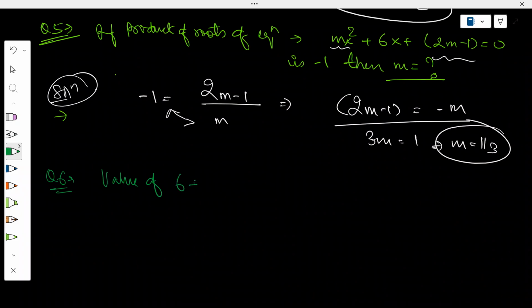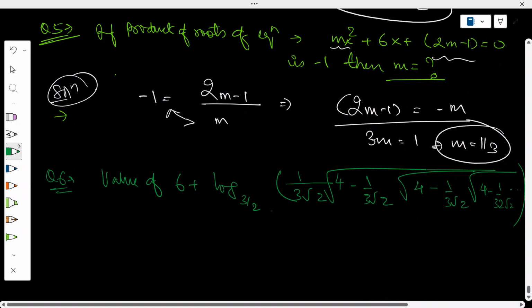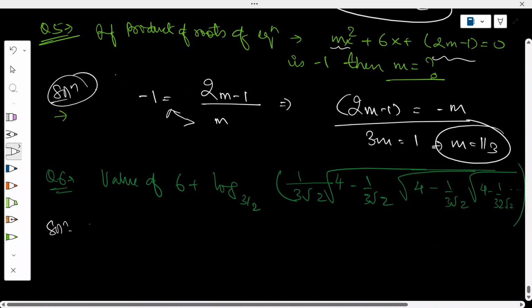So you have to find the value of 6 plus log base 3 over 2, and in here we have number 1 minus 3 root 2, and the pattern repeats itself, and so on. So basically, if we look at the solution, we have to find the value of log of this.